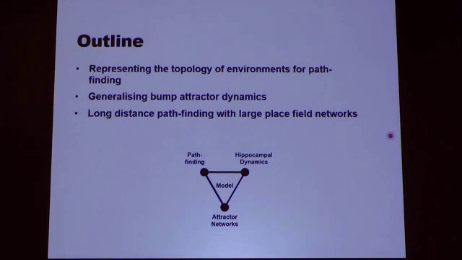And then generalizing this bump attractor so that rather than representing these sorts of artificial infinite lines or rings, they could be placed within a 2D environment with walls and obstacles. And then finally, I'll be looking at whether the dynamics of these bump attractor networks could be involved in long-distance pathfinding, specifically in the case of bump attractor networks incorporating large place field neurons.